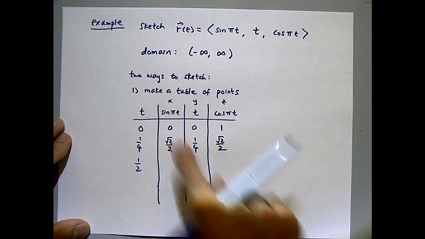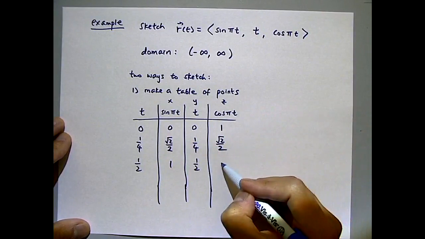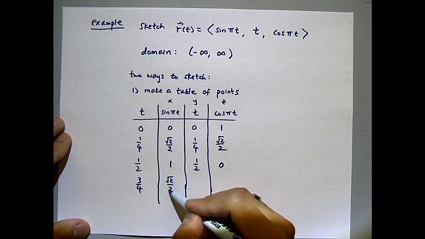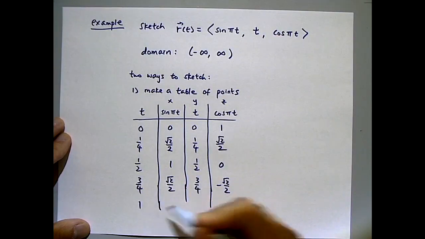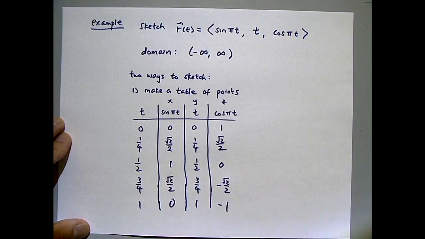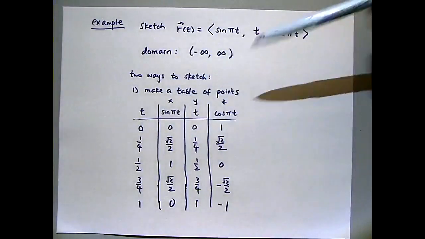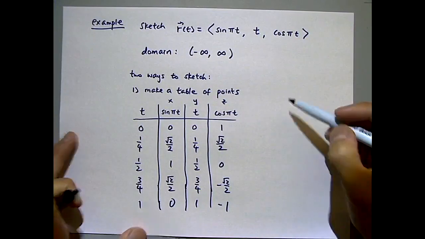If t is 1/2, then sine of pi over 2 is 1, y is 1/2, cosine of pi over 2 is 0, and you get the idea. That's a 0, that's a 1, that's a -1. And once we know the first quadrant of each of these trig functions, we know what they will do for the next few cycles. So that should be all the information we need to get a pretty good sketch.